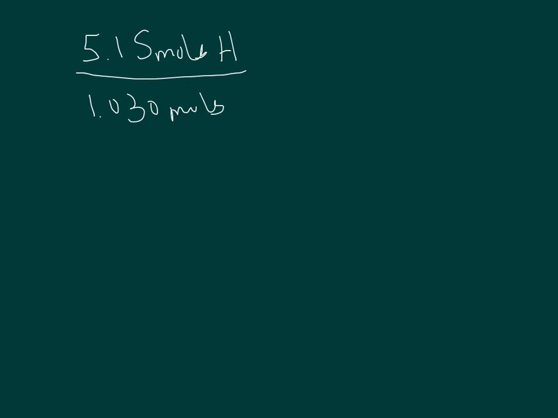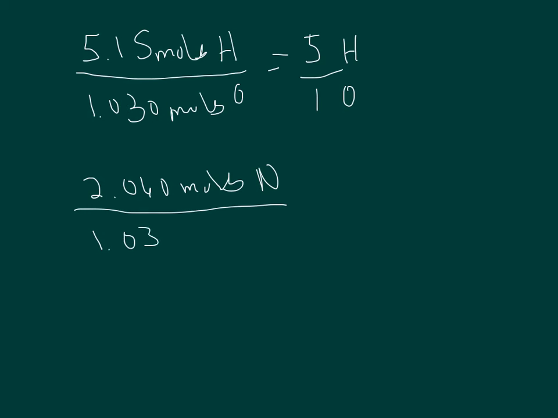We're going to take the moles of hydrogen, divide it by the smallest one, which is the moles of oxygen, and we get 5. So it's 5 to 1. 5 hydrogens for every 1 oxygen. And finally, we'll do the nitrogen, which was 2.060 moles of nitrogen divided by 1.030 moles of oxygen. And you get 2, which is the same as a 2 to 1 ratio. So 2 nitrogens for every 1 oxygen.